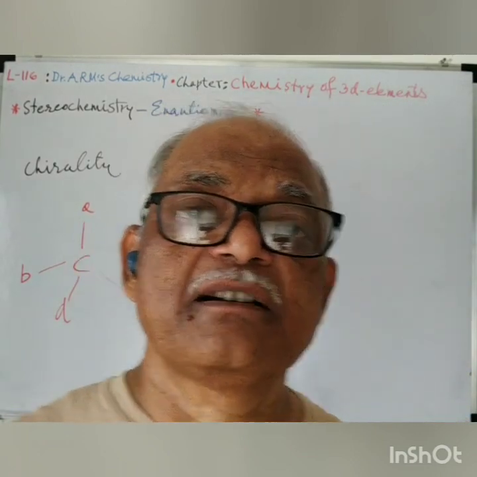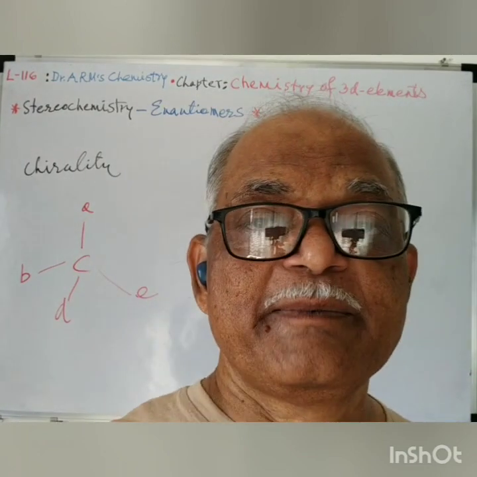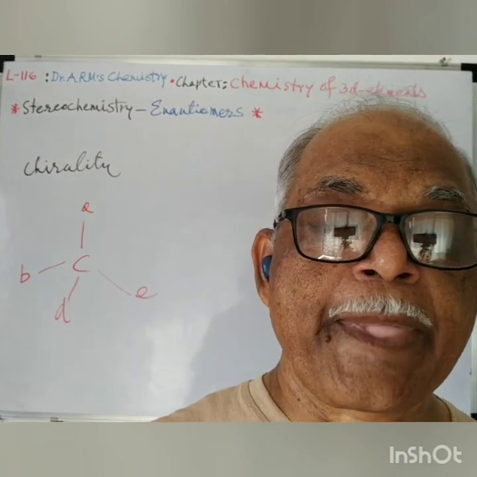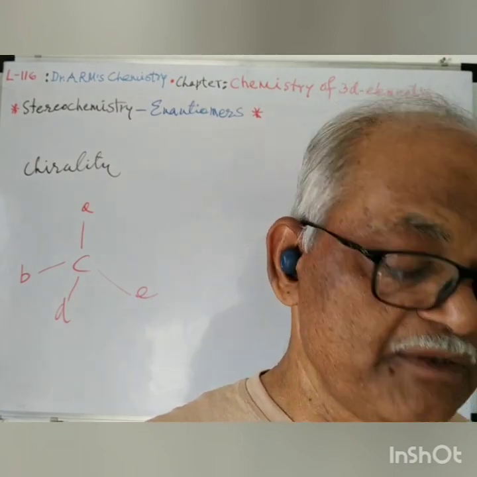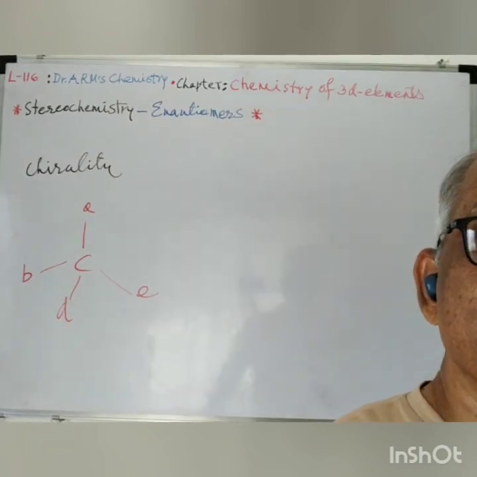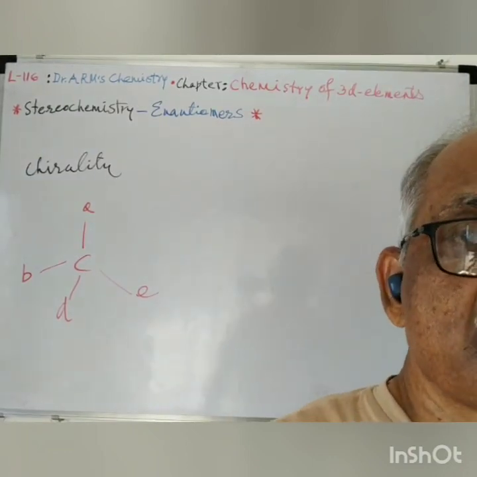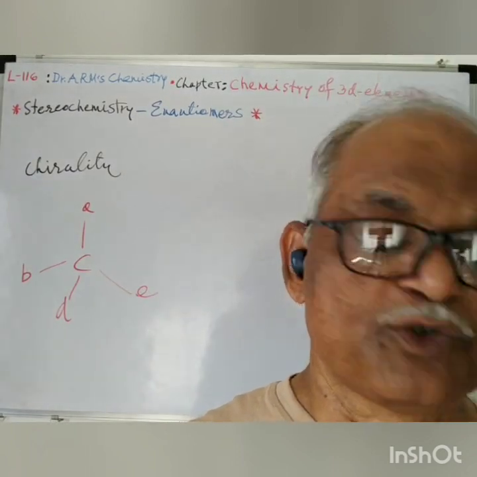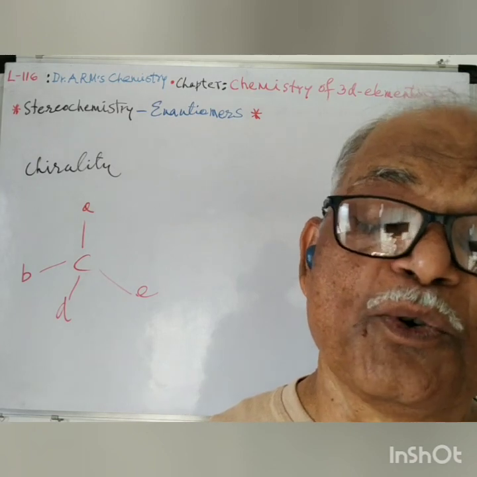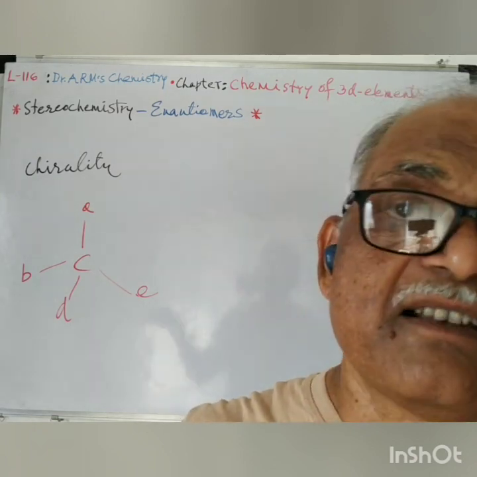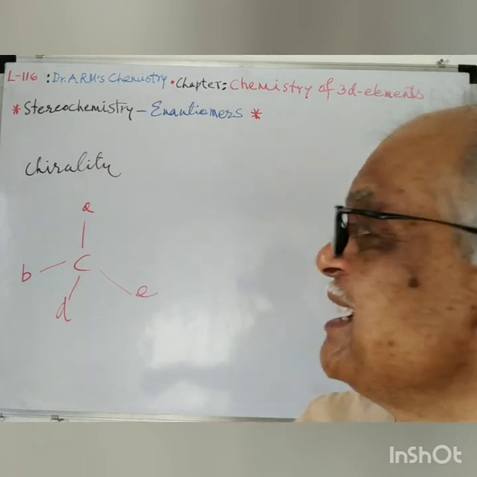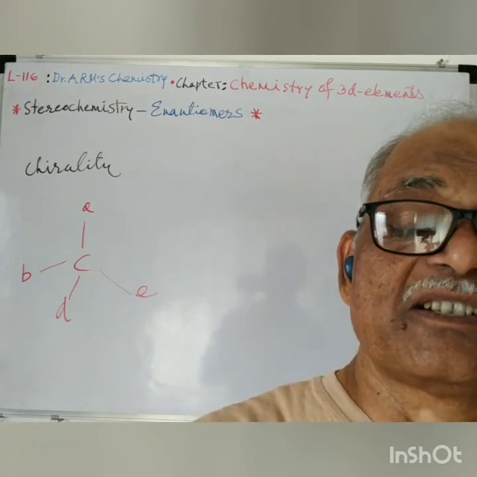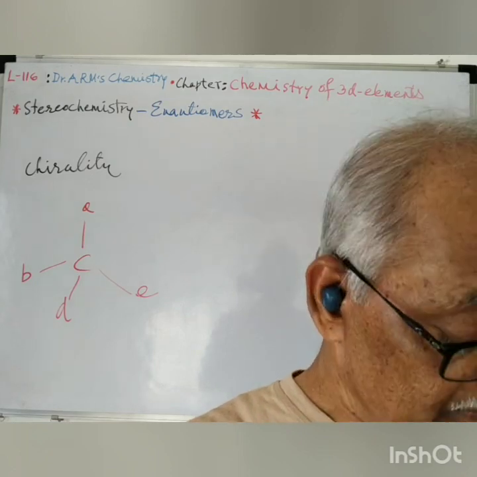They are related to the arrangement of ligands or atoms giving only geometrical isomerism, that is cis and trans isomerism, and these isomers are called geometrical isomers or diastereoisomers. But these diastereoisomers are not enantiomers.